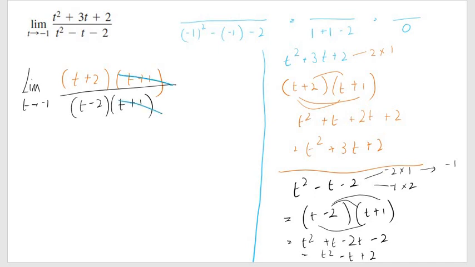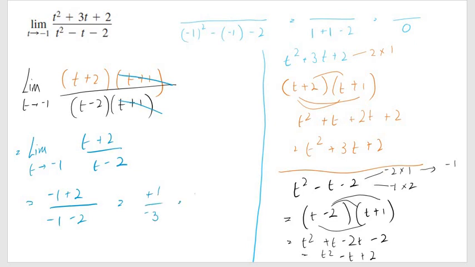Then when we substitute, we say limit t tends to minus 1 of t plus 2 over t minus 2. When you substitute t equals minus 1, you get minus 1 plus 2, and here minus 1 minus 2. So we would get 1 over minus 3, which is minus 1 over 3. That's the answer. As t tends to minus 1, the limit of this function is minus 1/3.